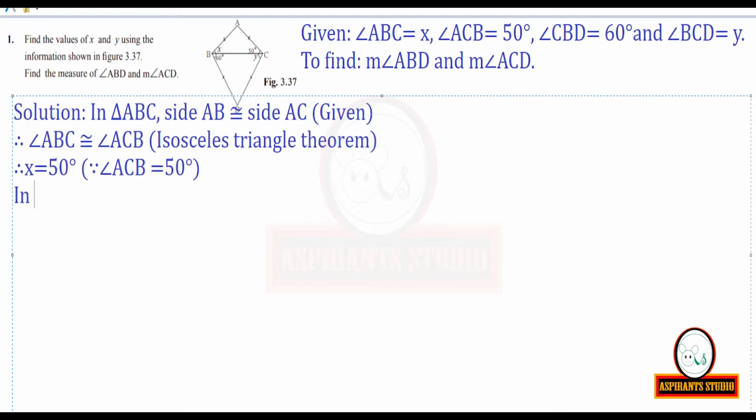Now, coming to the next triangle. In triangle DBC, side DB is congruent to side DC is given.